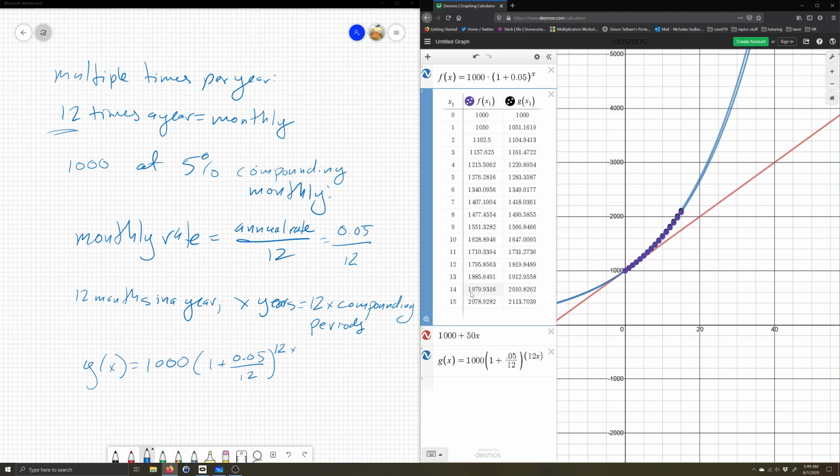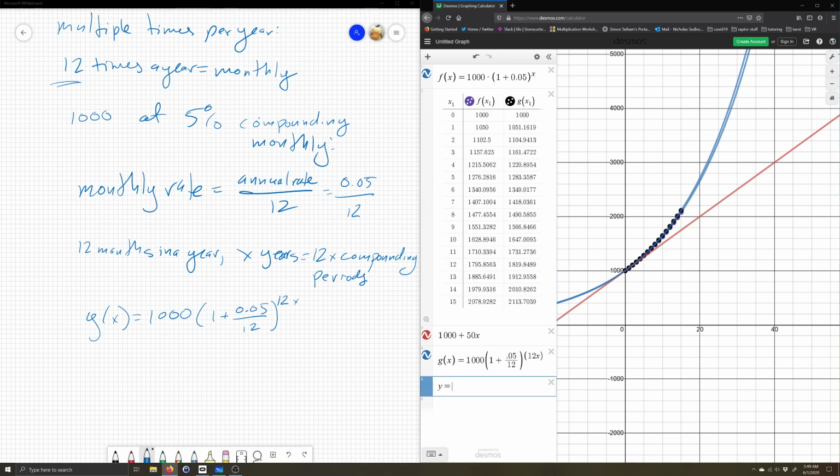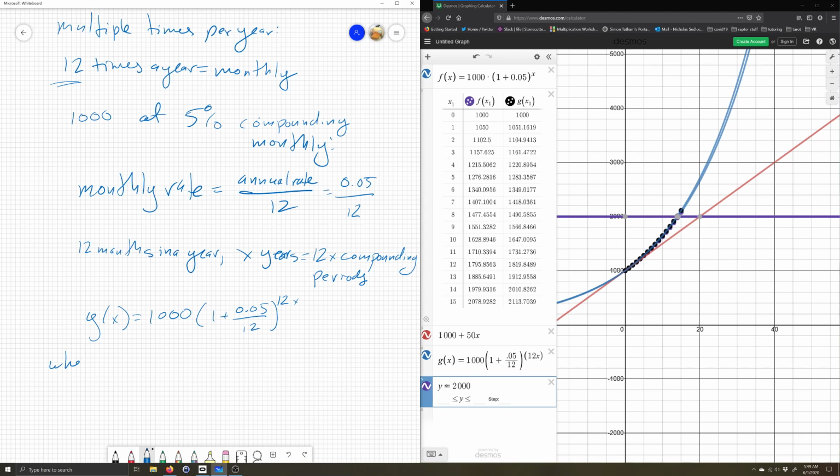So one thing is you sometimes talk about doubling times. And so notice that we can actually do it like this. Let's start y equals 2,000. So when do we have twice as much money?